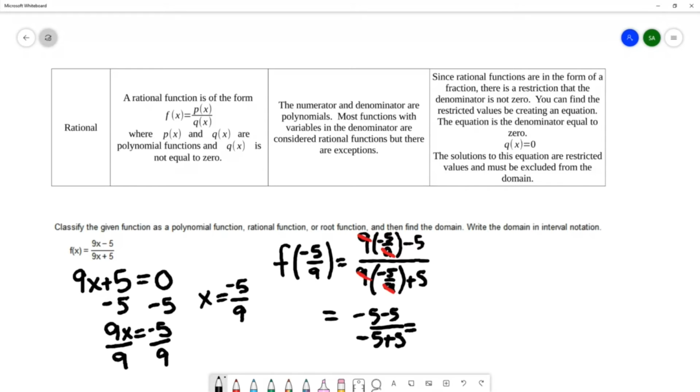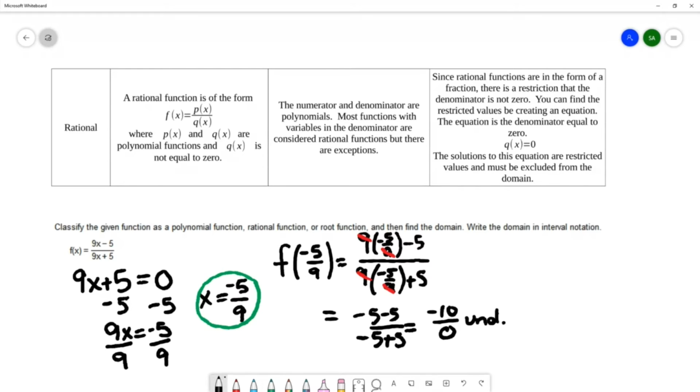Negative 5 minus 5 is negative 10. Negative 5 plus 5 is 0, and there you have division by 0, which is undefined. So this value of negative 5/9 is a restricted value. It causes the function to be undefined and therefore cannot be in the domain of this function.